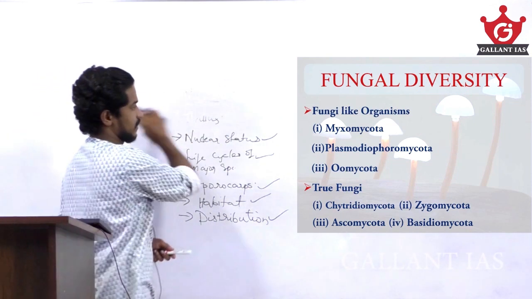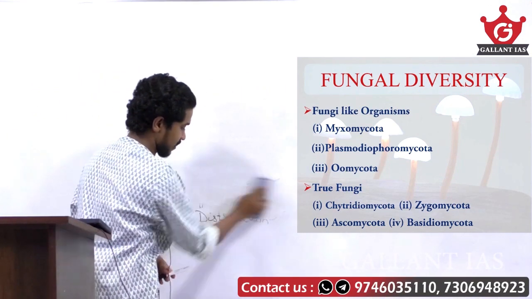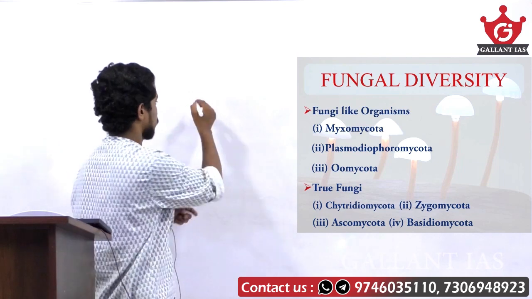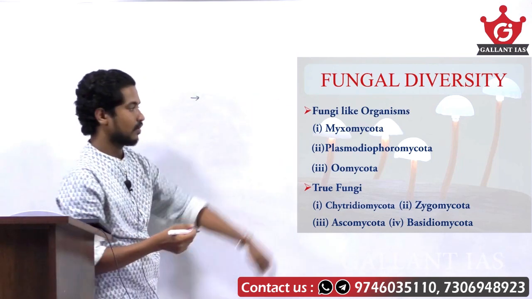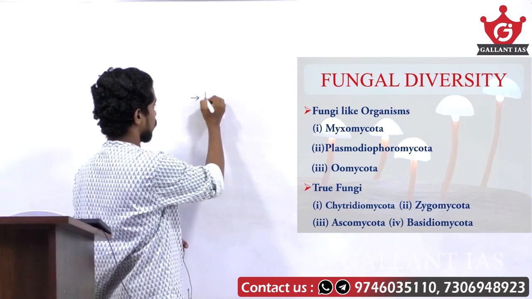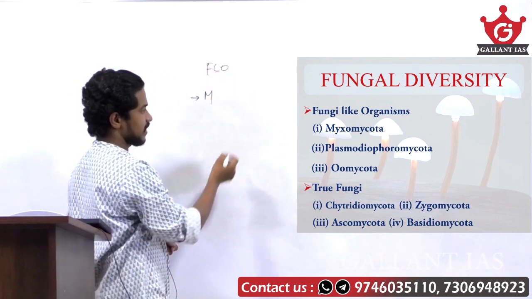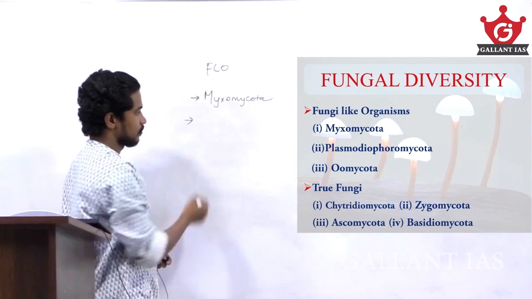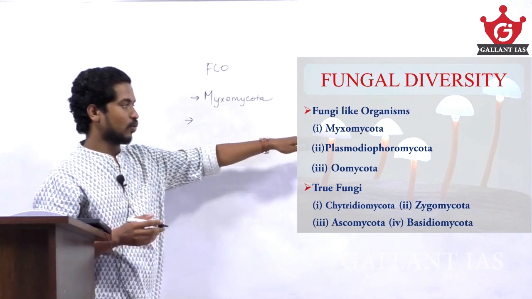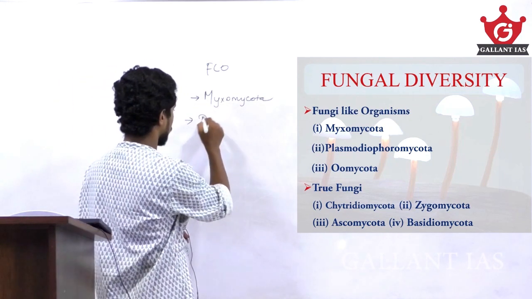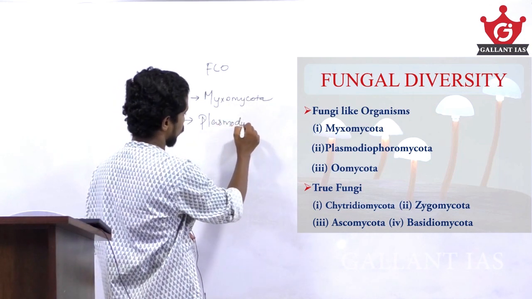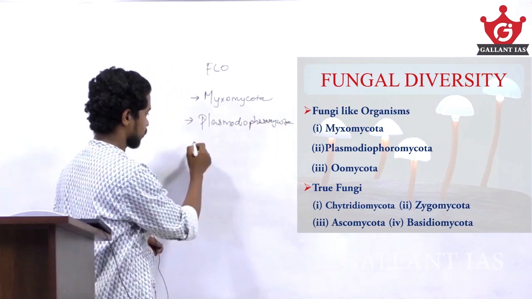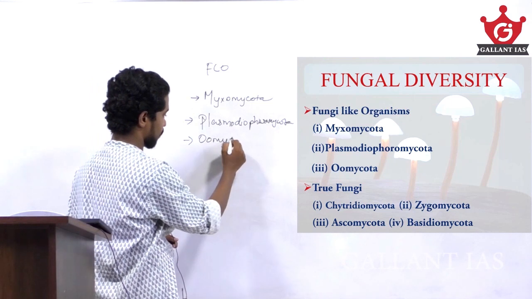And fungal diversity. When looking at fungal diversity, there are fungal-like organisms and true fungi, and you have to study all this. Fungal-like organisms such as Myxomycota, Plasmodiophoromycota, and Oomycota.